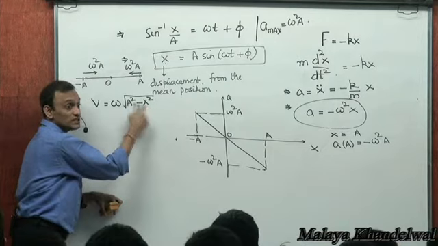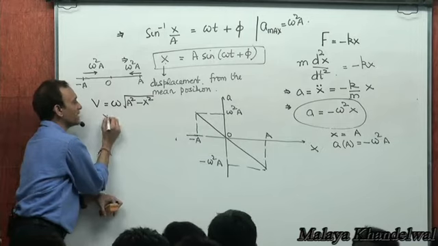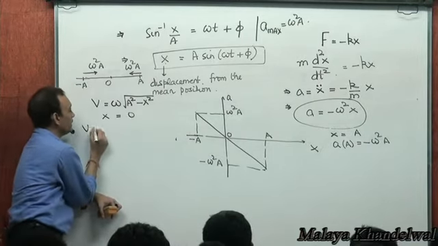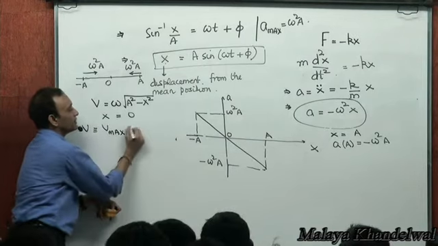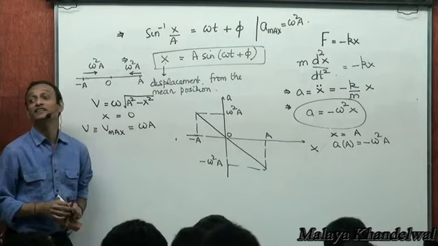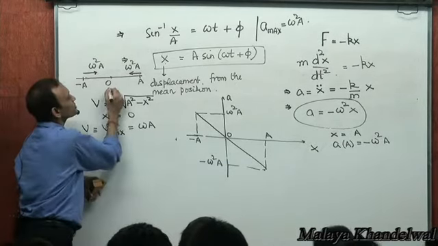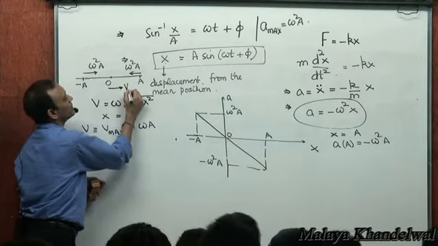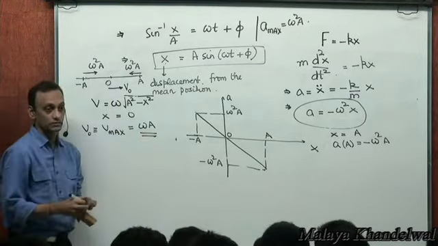So for the smallest x, which is at x equal to 0, v would be v max, and it's going to be omega a. Maximum velocity would be at the mean position and will be omega a. That means at the mean position, the velocity of the particle will be maximum.